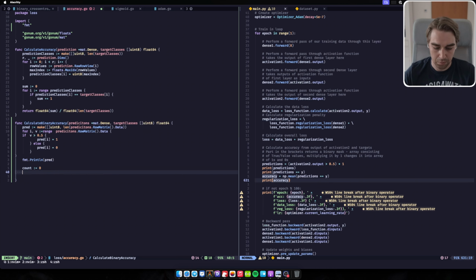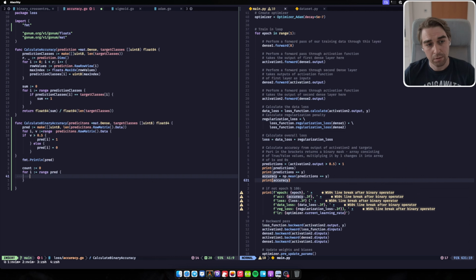Then what I'm doing is range again for i in the range of pred. I assume that it's the same as the target classes. And what we do, if pred equals target classes i, then count plus 1.